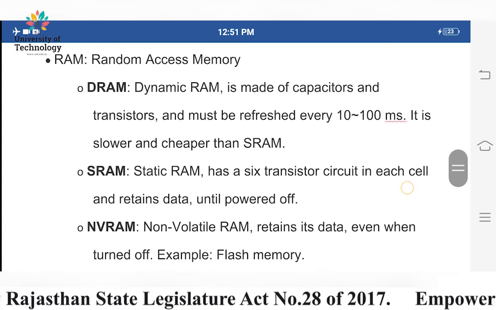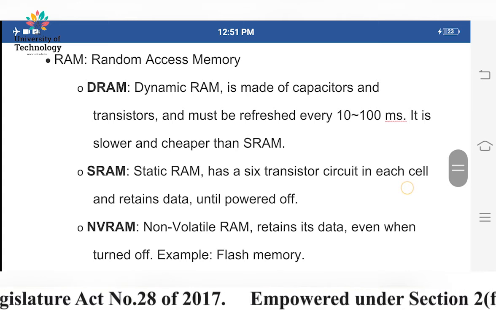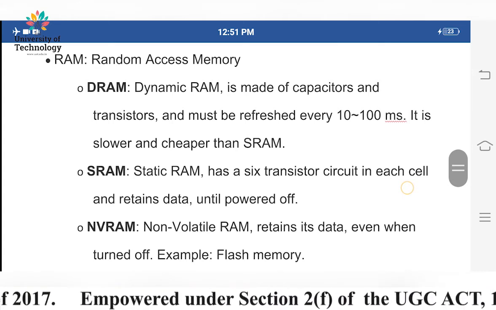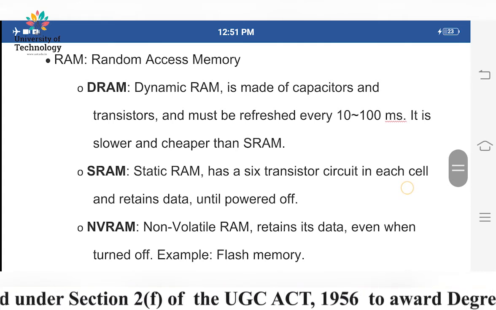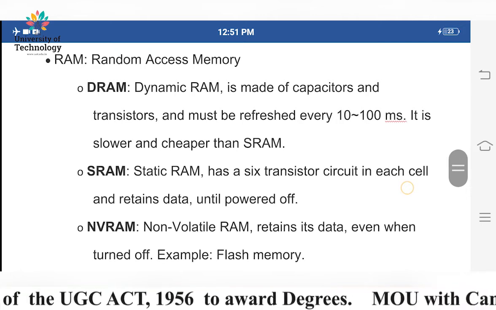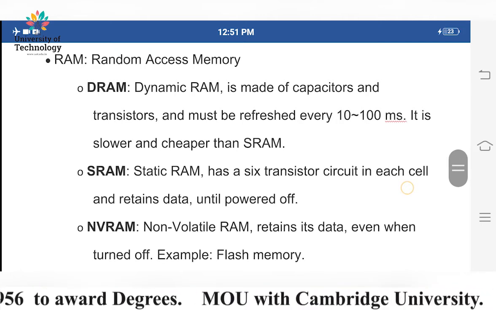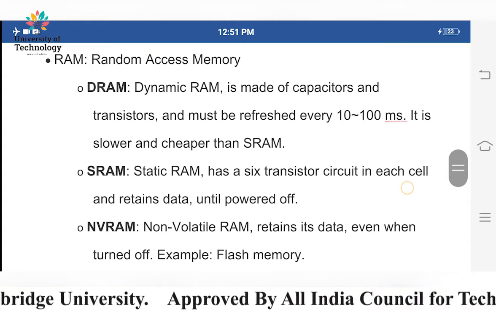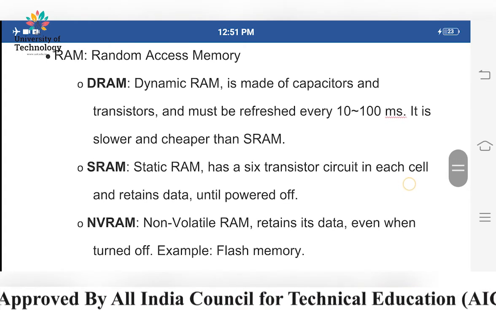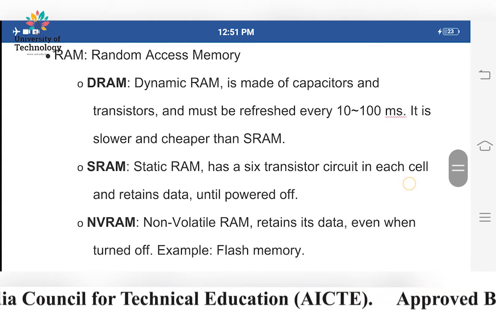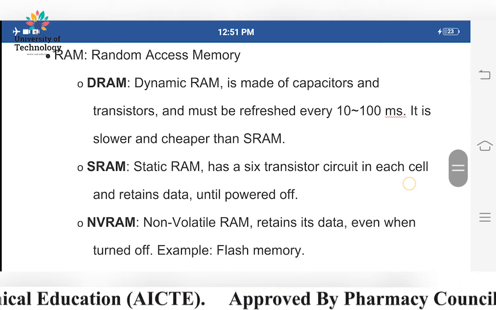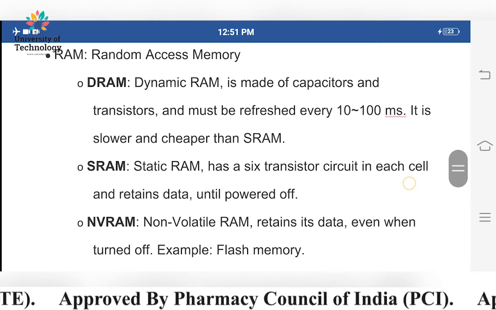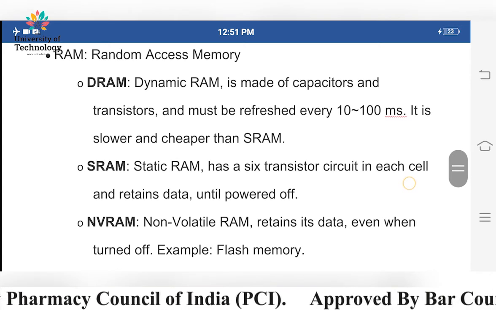What is dynamic RAM? Dynamic RAM is made up of capacitors and transistors, and it must be refreshed every 10 to 100 milliseconds.